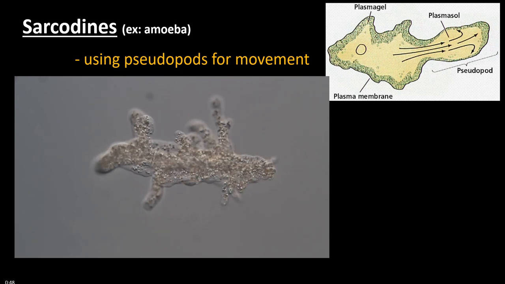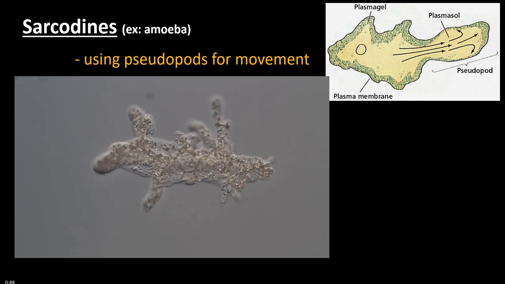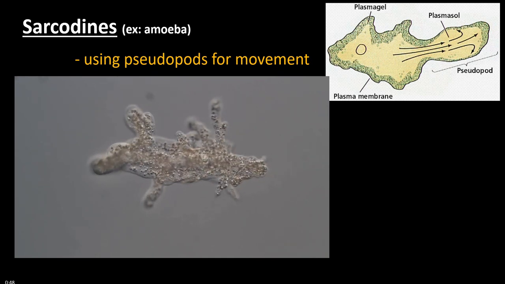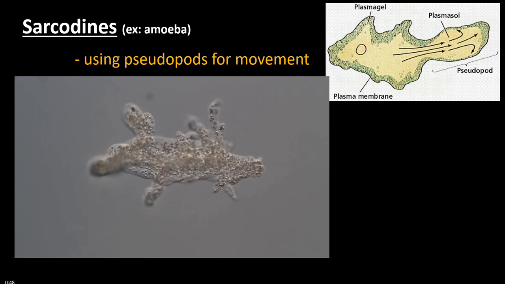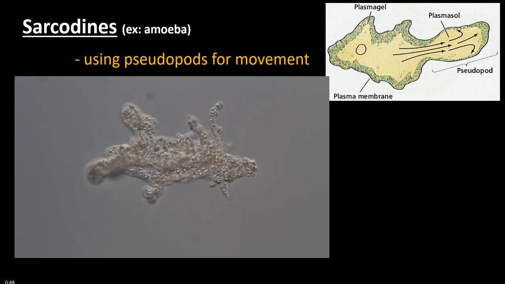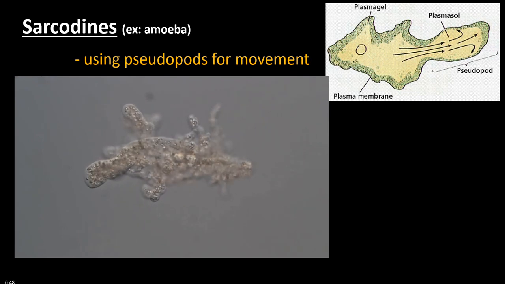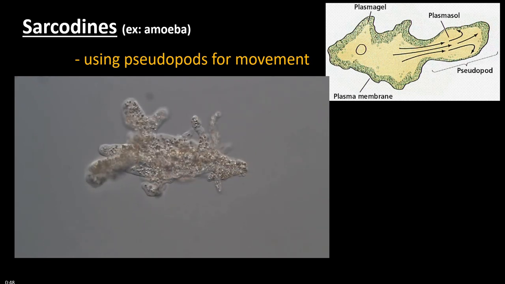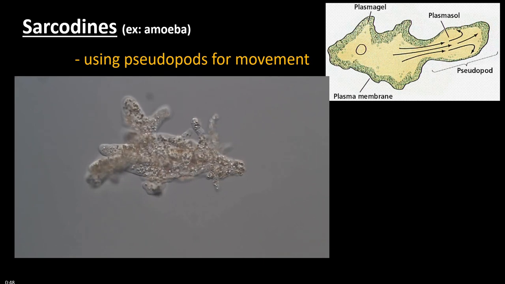It's pulling up one side and stretching out the other side. And it's doing this by moving the inside. You can see that current. And realize this is three-dimensional. That's why some of it looks blurry, as it's going into different levels. The microscope can only focus on one level at a time.